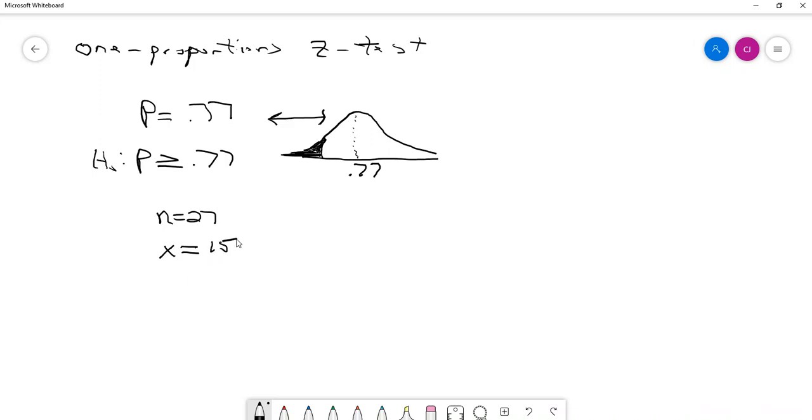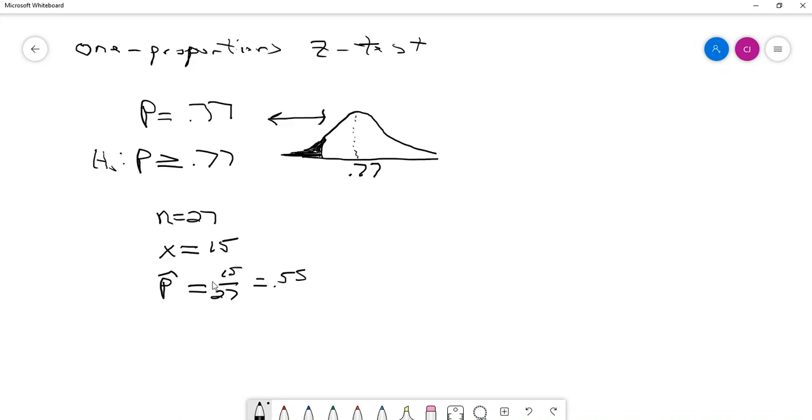Okay. All right. So let's see, what's our sample proportion then? P hat equal to 15 divided by 27 equal to, and what's that going to come out to be? 0.55. Does that come out to be 0.55, right?